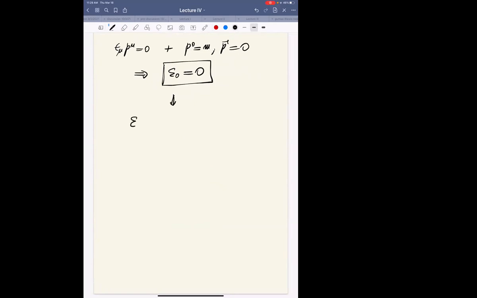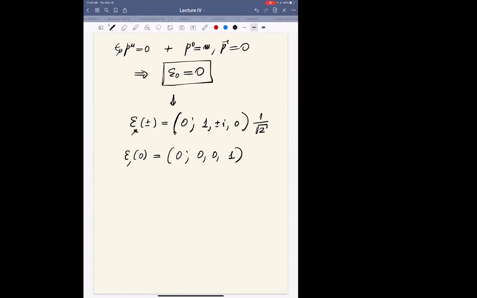I have epsilon plus and minus equal 0, 1, plus or minus I, 0. I will normalize it like this. And then there is the one with eigenvalue 0. This is 0, 0, 0, 1. They are normalized the same way.